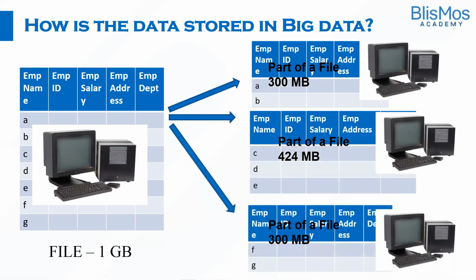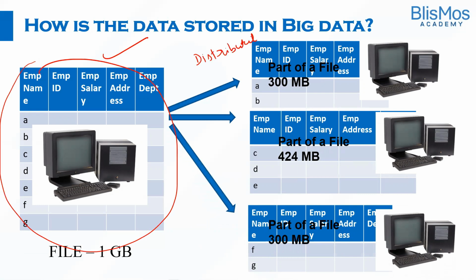If you have a data of one file GB, the moment we say big data, it will be distributed. We have already discussed this multiple times. So the data is distributed in different systems. In case of Spark, we can say the executors are the place where the data is distributed.